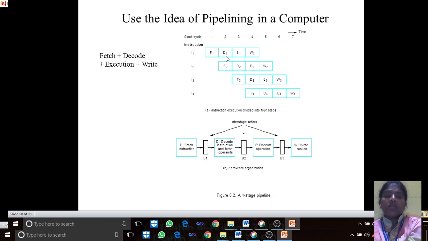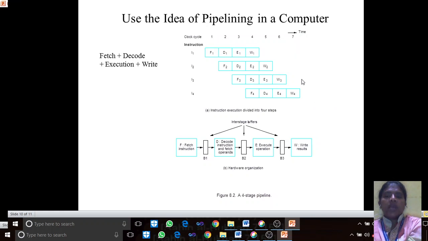While decoding the first instruction, D1, the fetch F2 of the second instruction can take place. While executing the first instruction, the decoder is free, so decode of the second instruction can take place. Similarly, this can be extended in this manner.